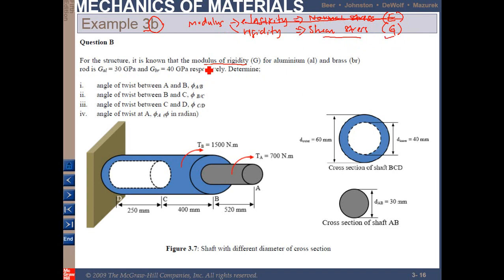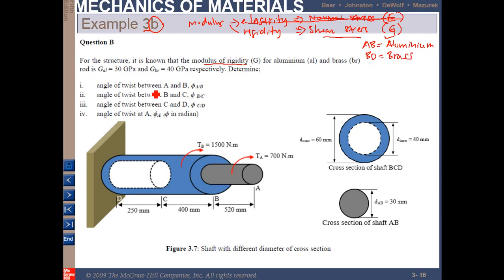So the modulus of rigidity G for aluminium and brass is G aluminium equal to 30 GPa and G brass equal to 40 GPa. So AB is aluminium in the question. It is not mentioned in the question, but actually AB is aluminium and BD is brass.